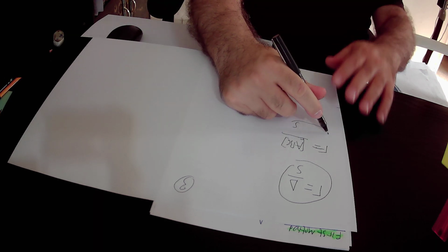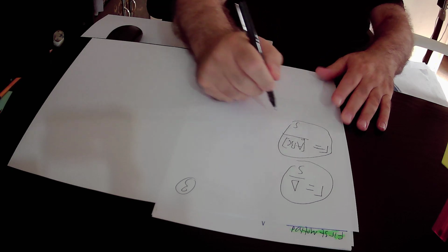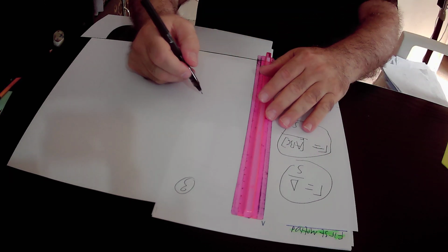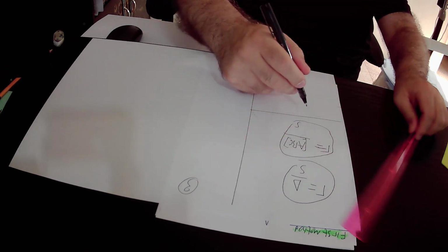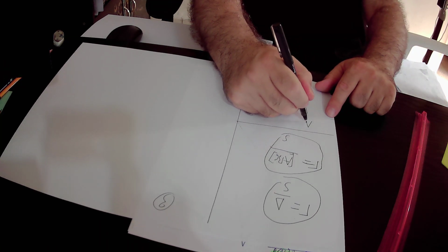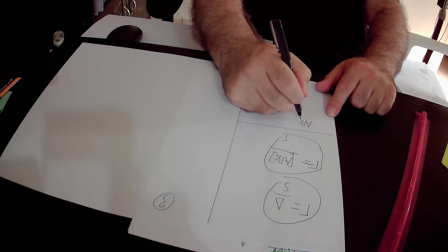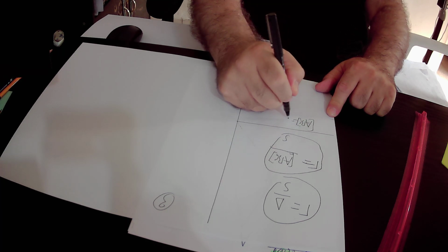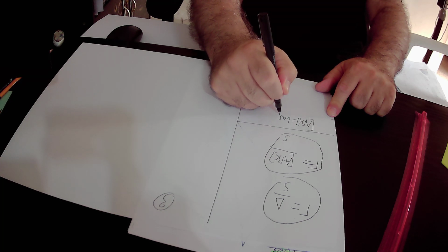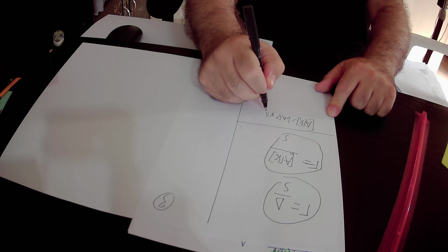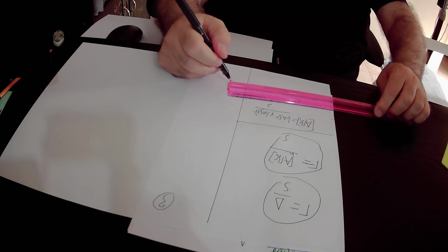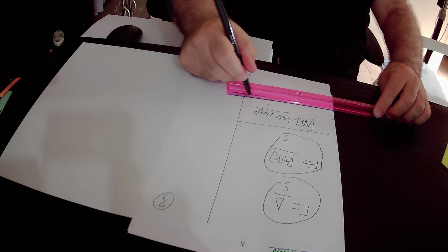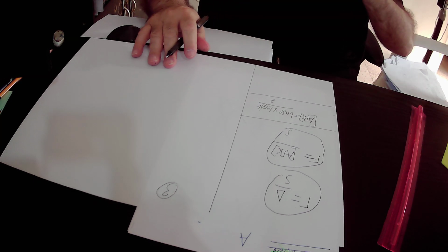So what is the area of triangle ABC? The area of triangle ABC is equal to the base of the triangle times the height to the base over 2.